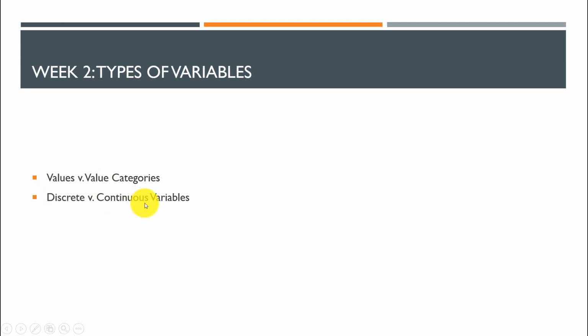With continuous, we're going to be using all the amounts in between the whole numbers as well. And finally, levels of measurement, or NOIR, my acronym I've been using. These are the ones that I spent a lot of time talking through during week 2, because these are the ones we're going to be using the most throughout the semester. So again, these were the main topics we covered in week 2, types of variables.